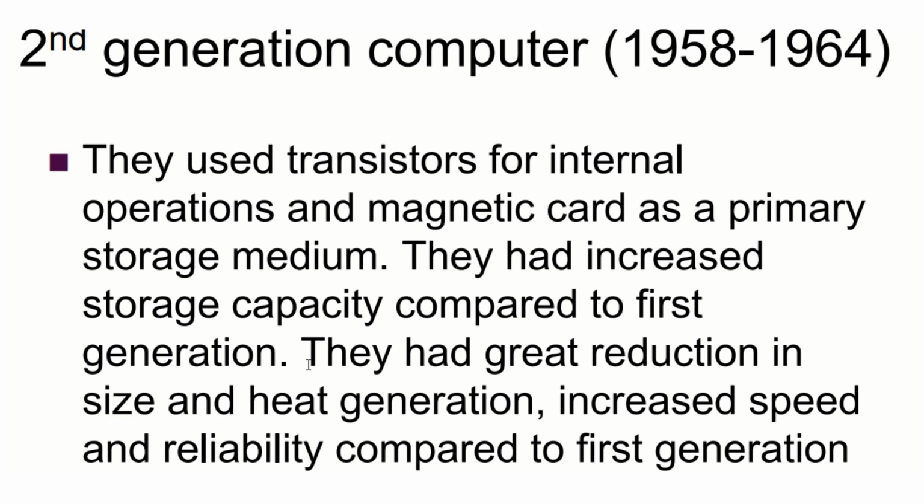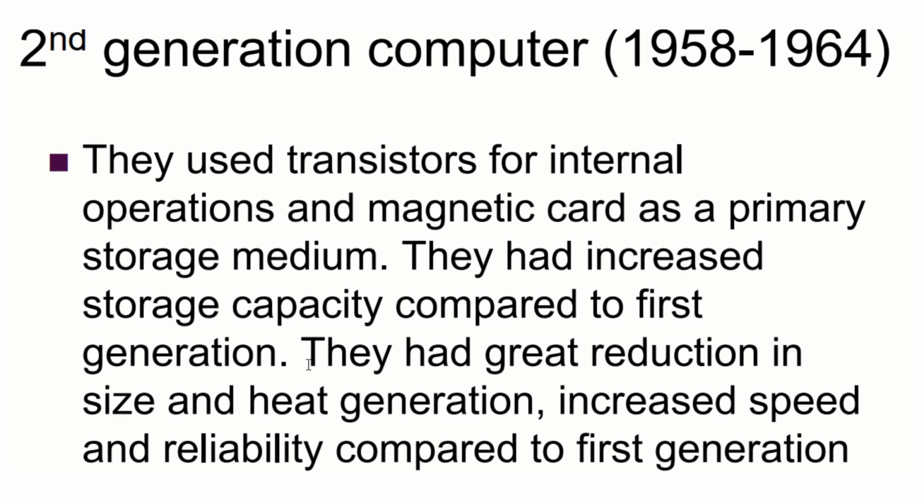Remember, the first generation computers were huge in physical size, but the size of the second generation computer is slightly reduced compared to the first generation. The first generation computer generated a lot of heat, while the second generation computer generated less heat.